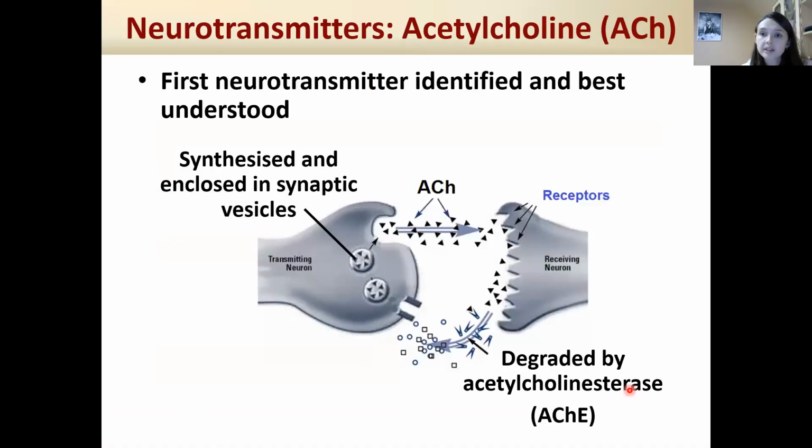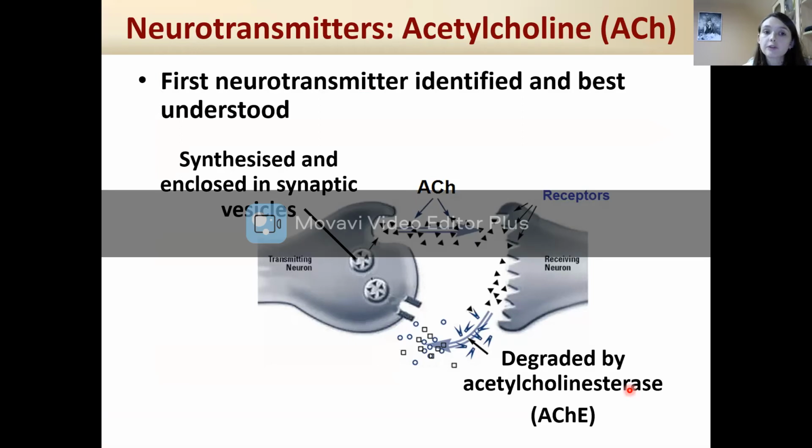Now let us stop on several neurotransmitters in more detail. The first one is acetylcholine. This is the first neurotransmitter which was identified in the best way.